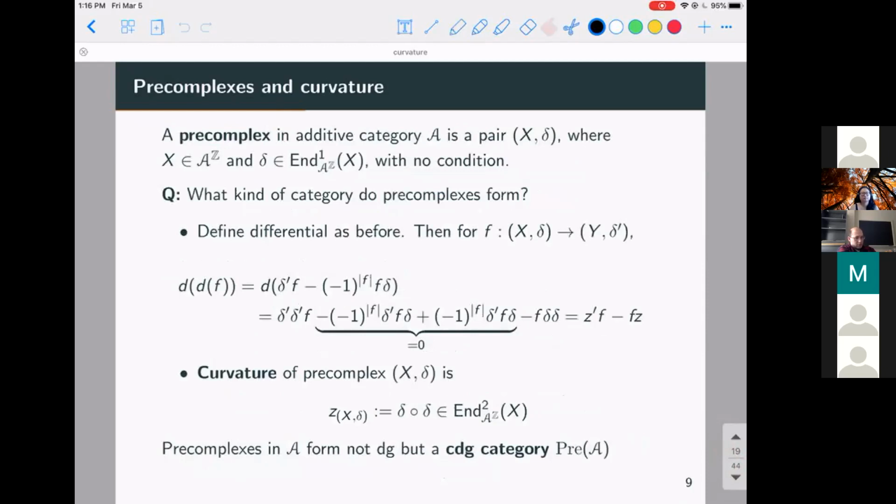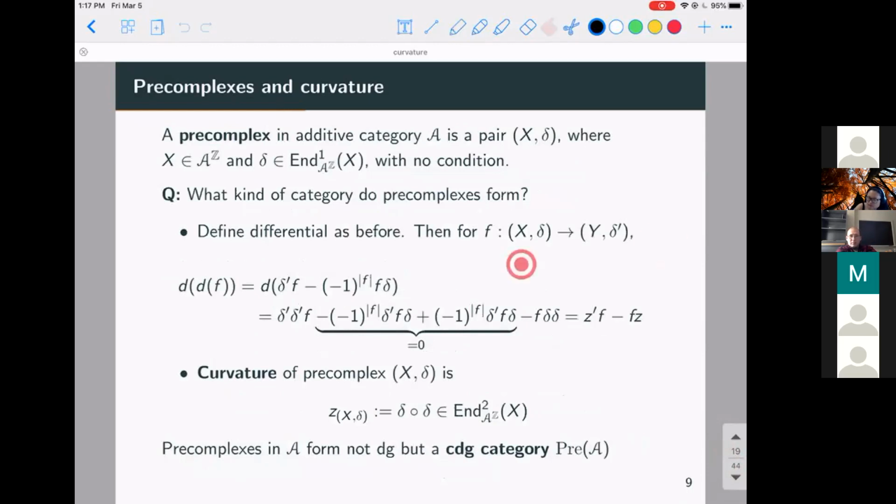So how does curvature appear now? I consider something even more naive than a complex. A pre-complex is just like a complex, but with no conditions on the differential. It's just a degree 1 endomorphism delta. What kind of a category do pre-complexes form? Well, here's the calculation you have to do.